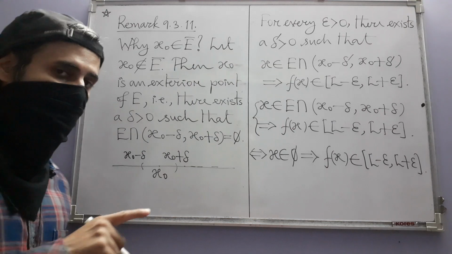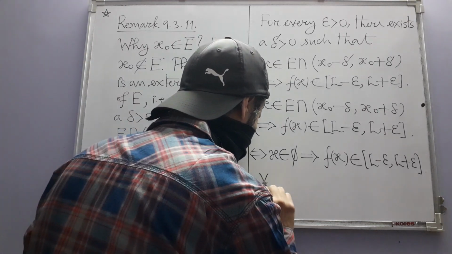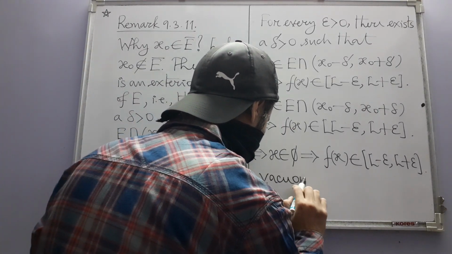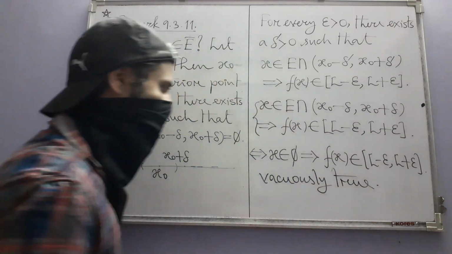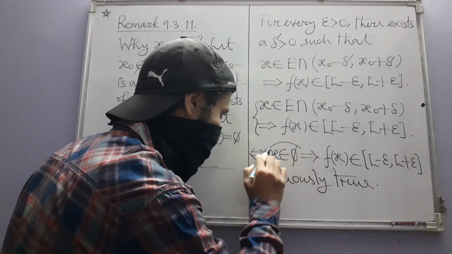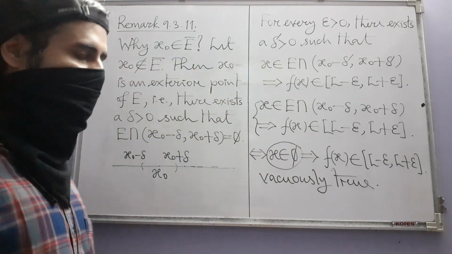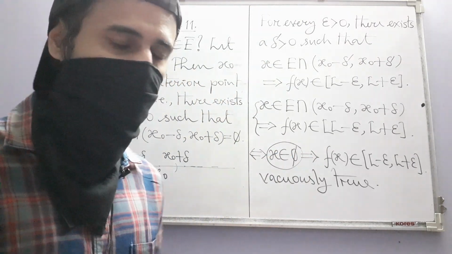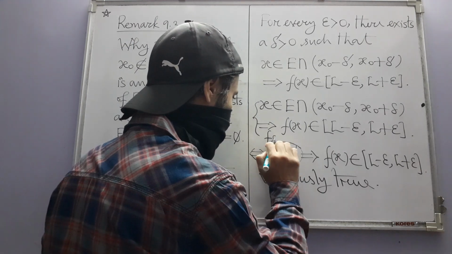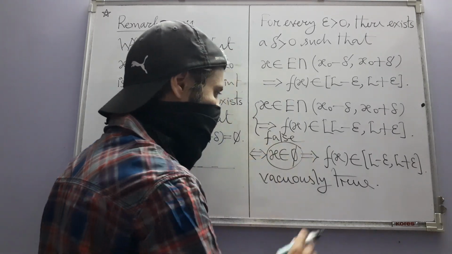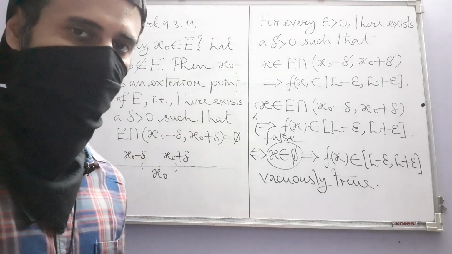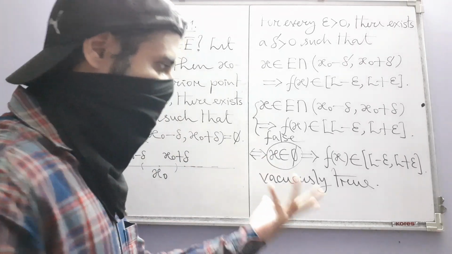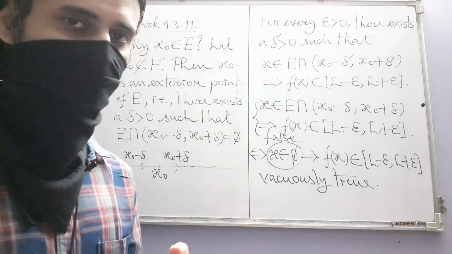And this implication is vacuously true. Why? Because the hypothesis or antecedent of the implication is false. When that happens, we need not even know what the conclusion or the consequent of the implication is. In that case, it's vacuously true, but true nonetheless.